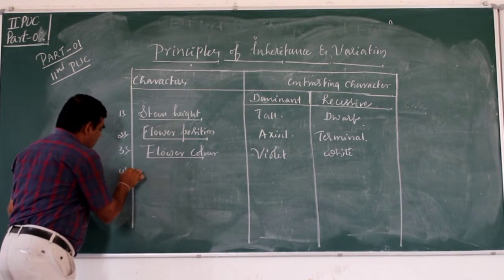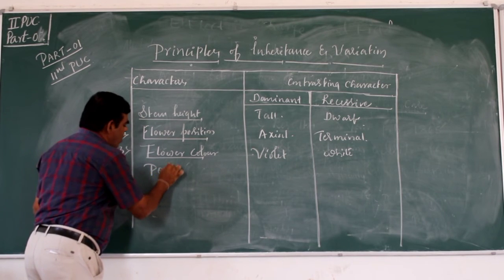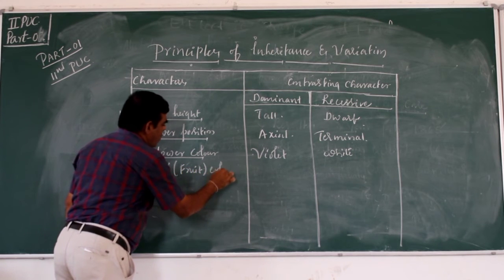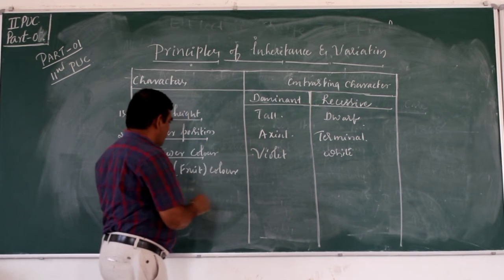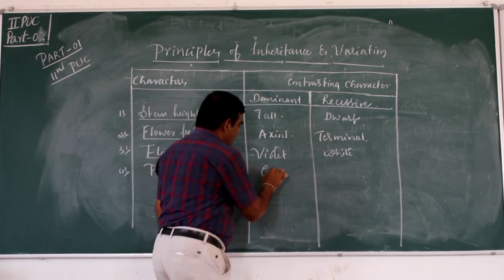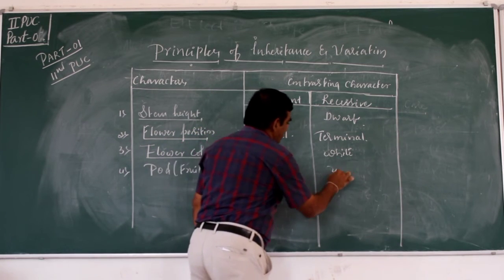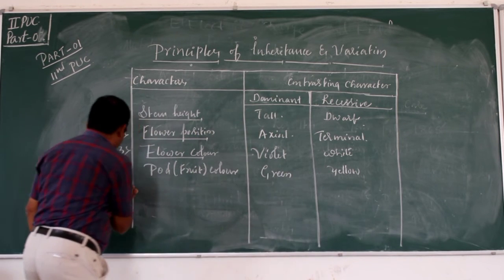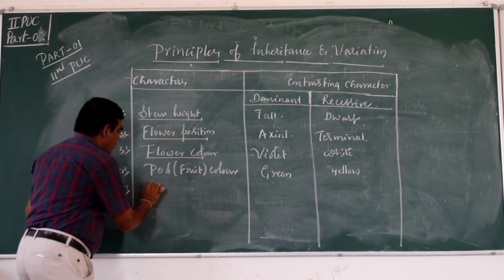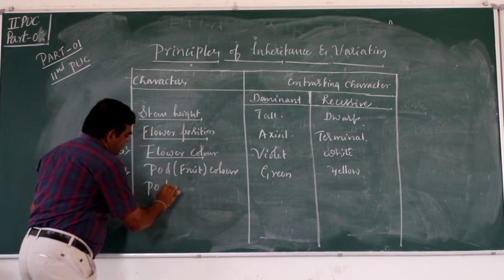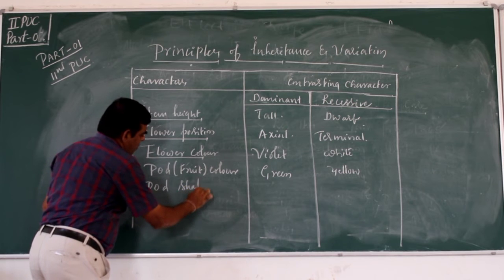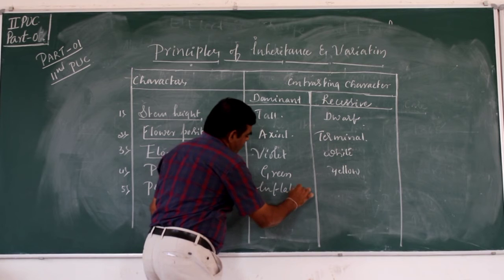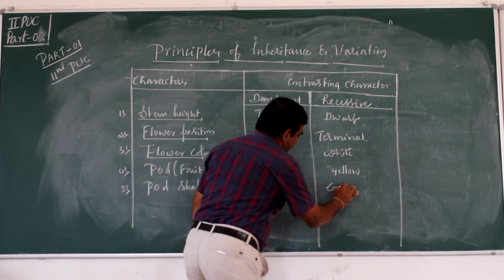Next, fourth one, pod means fruit color, green and yellow. Next, fifth one, pod shape, inflated and constricted.